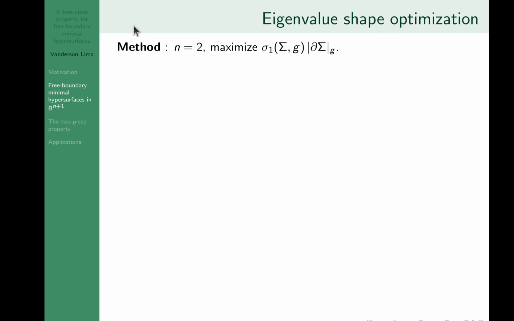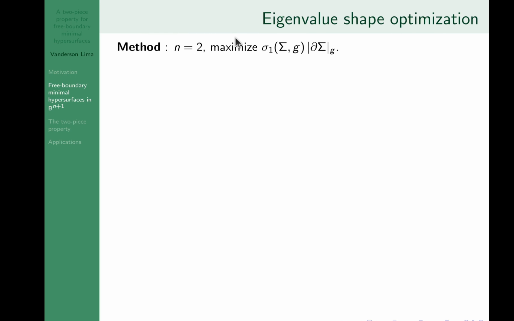So consider the following functional. I multiply the first non-zero Dirichlet-to-Neumann eigenvalue by the length of the boundary with respect to the metric.